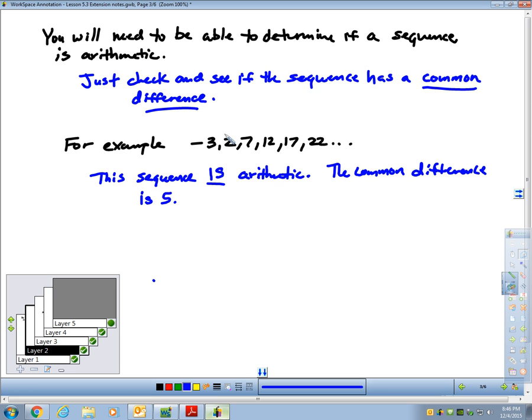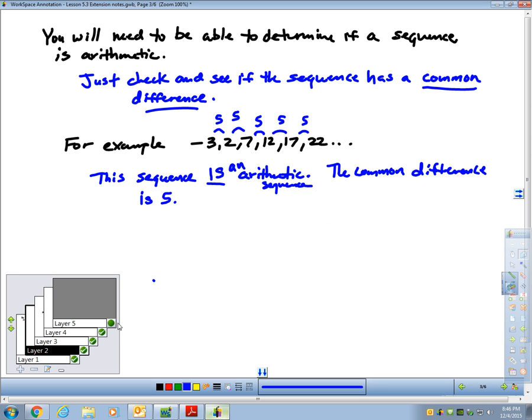Here's why. 2 minus negative 3 is 5 apart. 7 minus 2, 5 apart. 12 minus 7, 5 apart. Do you notice how each of these is 5 apart? This is definitely arithmetic. I should have written that this sequence is an arithmetic sequence, because the common difference is 5.